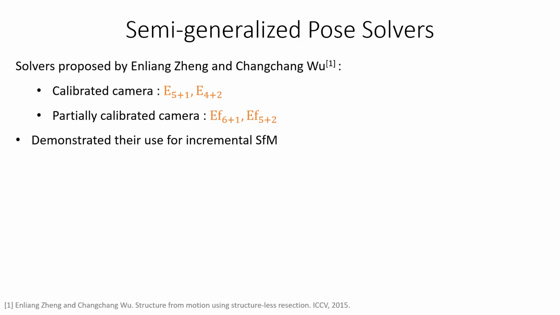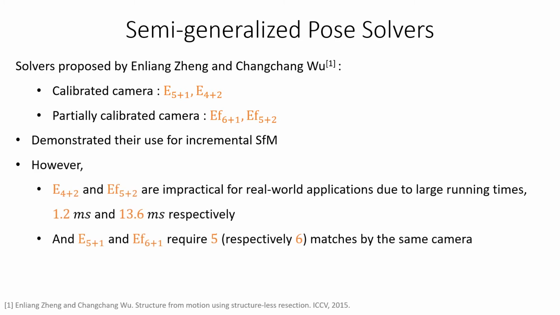Here, for example, by 4+2, we mean that 4 matches are detected by one pinhole camera and 2 by another pinhole camera within the generalized camera system. While these solvers are useful for incremental structure from motion, the 4+2 and 5+2 configurations are too slow and hence impractical for real-world applications.